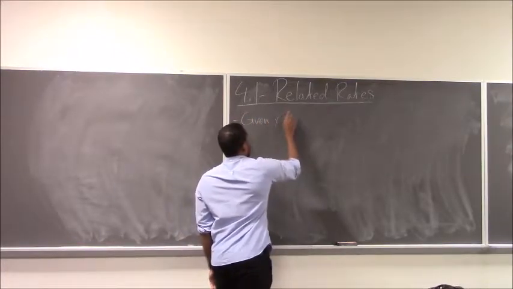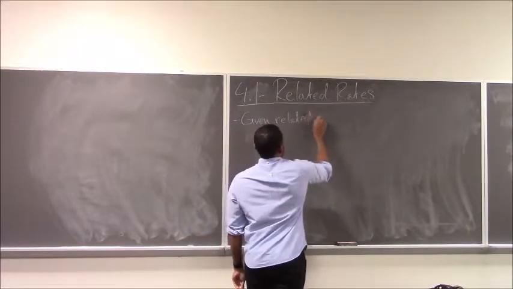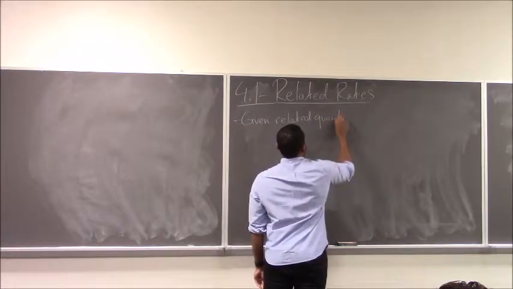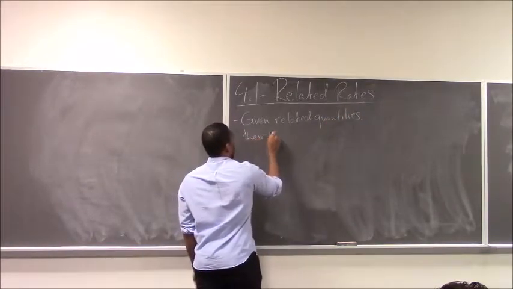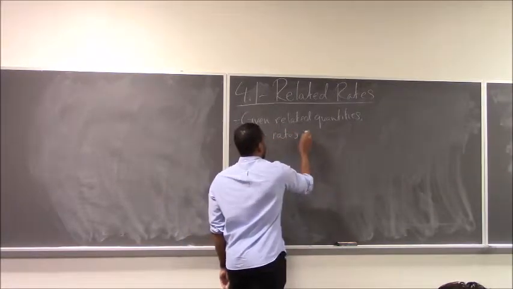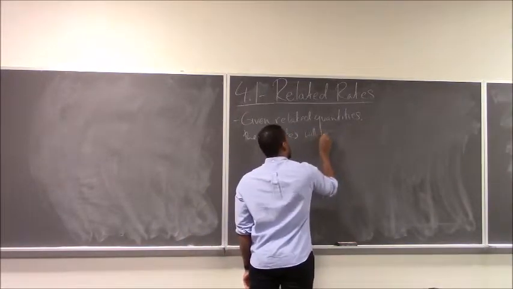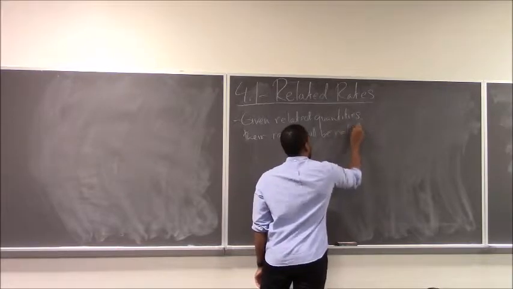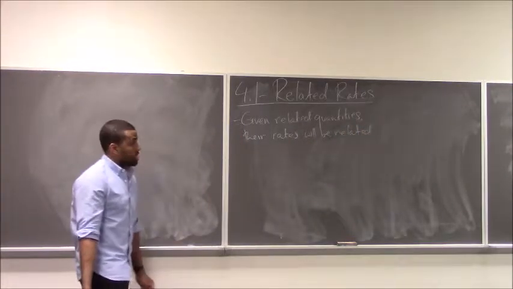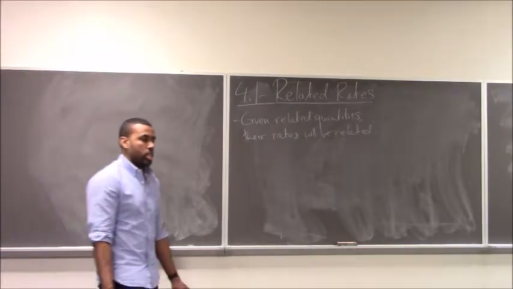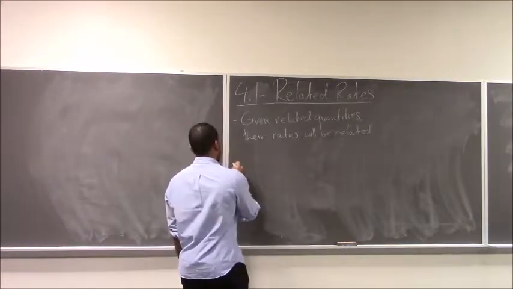Given related quantities, their rates will be related, hence the topic related rates. And you can get the relationship between their derivatives by simply differentiating the equation implicitly.